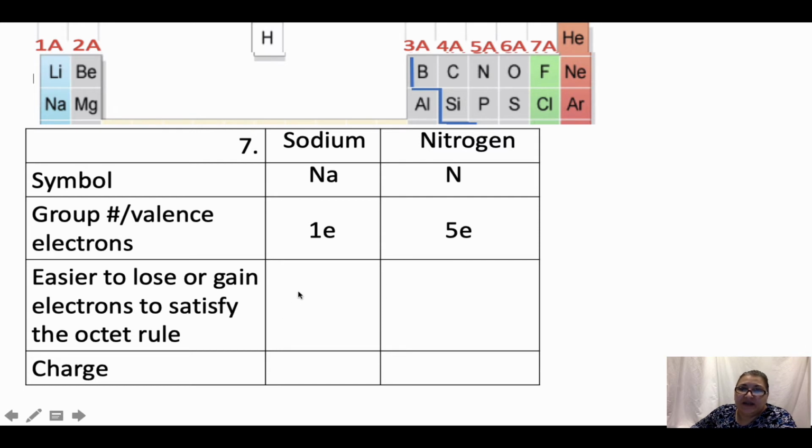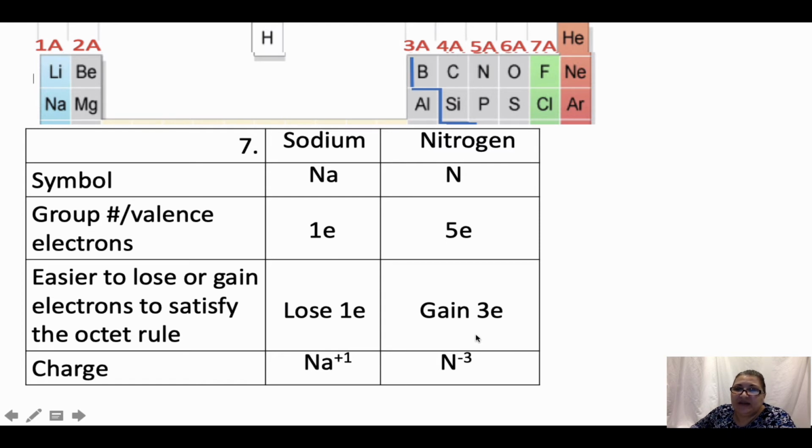Now, to satisfy the octet rule, we ask ourselves, is it easier to lose 1 or gain all 7? And the answer is, it's easier to lose 1, the least number. Now, for nitrogen, is it easier to gain 3 to get to 8 or lose all 5? And we always go with the least number, so gain 3. So when it loses 1, it becomes positive 1. Gain 3, it becomes negative 3.